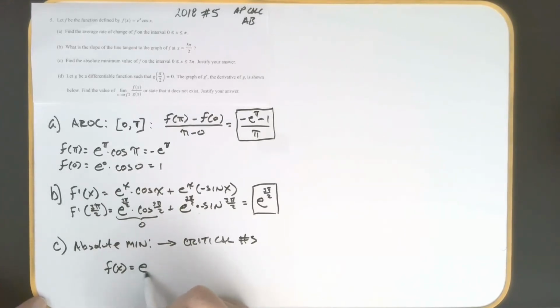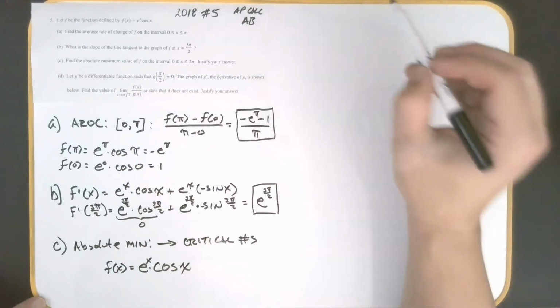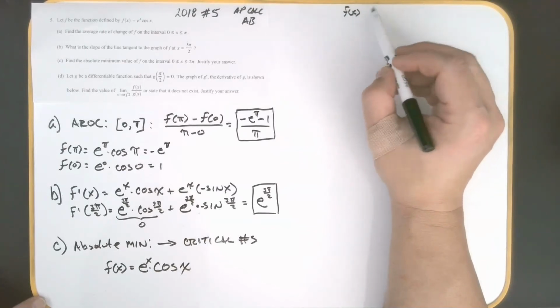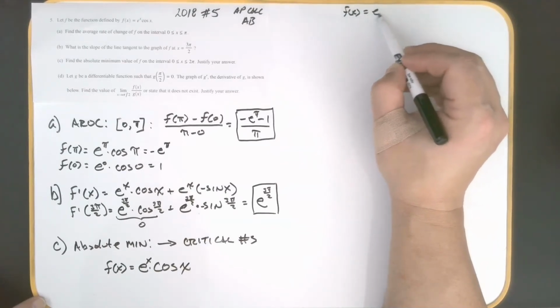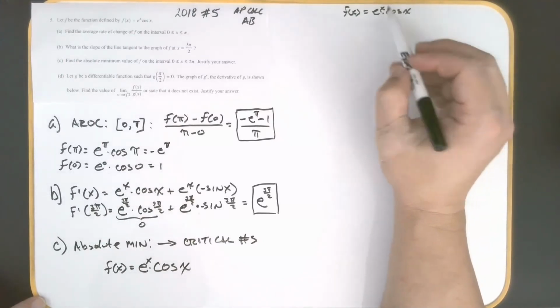So f of x, or the original function that is, e to the x times the cosine of x. That's our original function. So the question is, find the absolute minimum of the given function, which was e to the x cosine of x. So your first step is take the derivative.